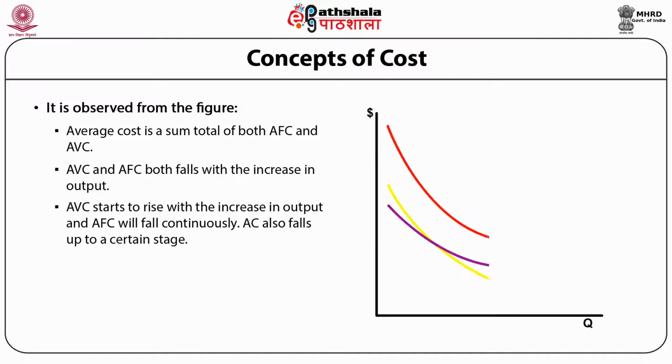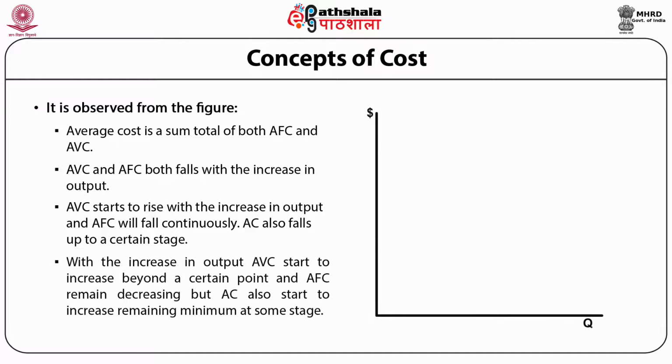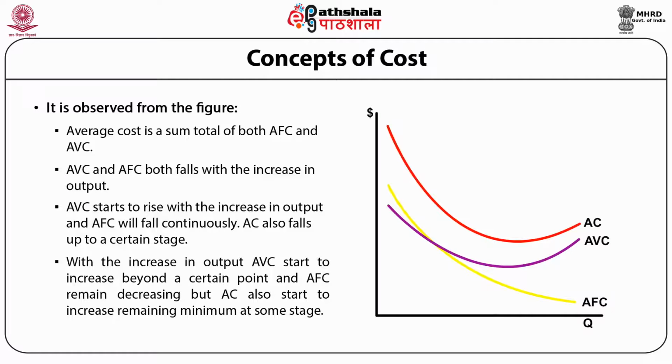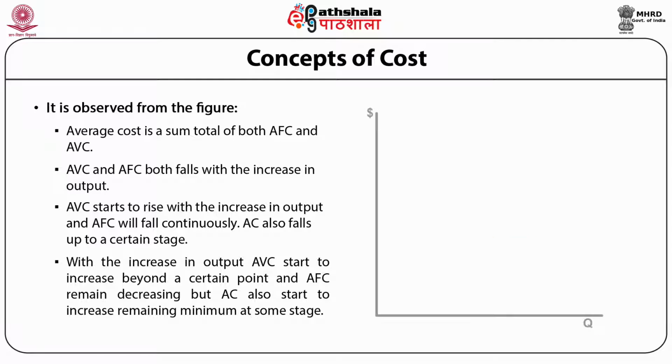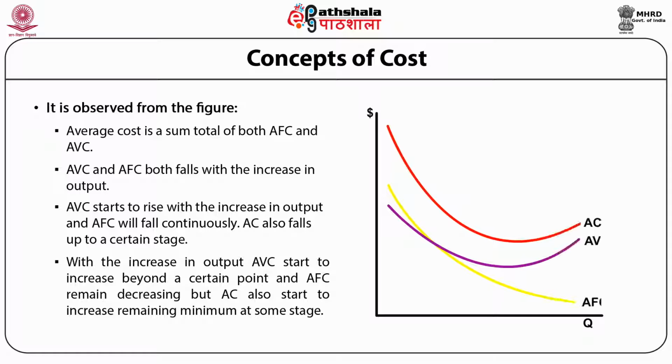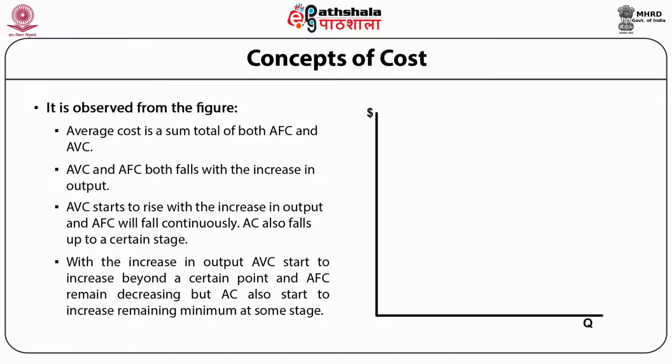AC also falls up to a certain stage. With the increase in output, AVC starts to increase beyond a certain point and AFC keeps decreasing, but AC also starts to increase, remaining minimum at some stage.